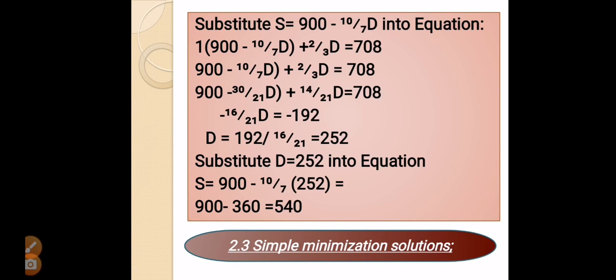So S = 900 - 10/7 D, times 252. So we will have 540 as the answer. So we have to produce 252 deluxe and 540 standard packs to attain the maximum total profit contribution.